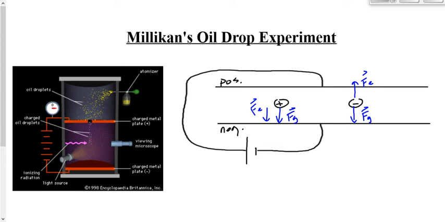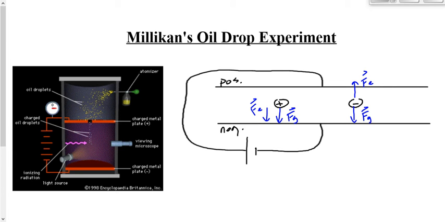I want to focus on the second charge for a second, the negative charge. Now keep in mind, if the plates were reversed, the directions of these electric forces would be reversed, right? So the negative particle would experience an electric force downward, and the positive would experience an electric force upwards. I want to analyze the second particle, this negative particle. There can be essentially four things that can happen to the second particle.